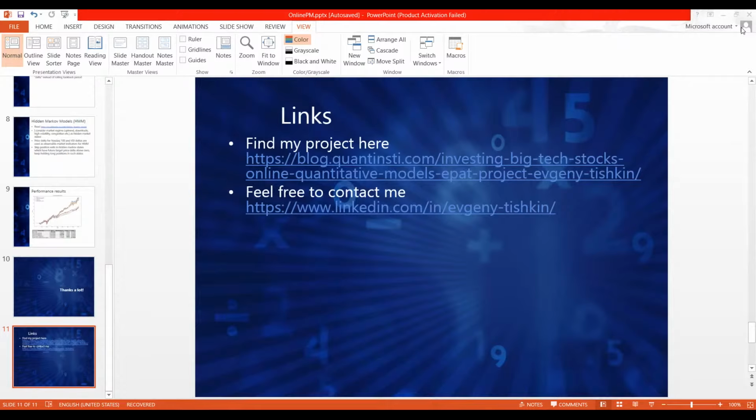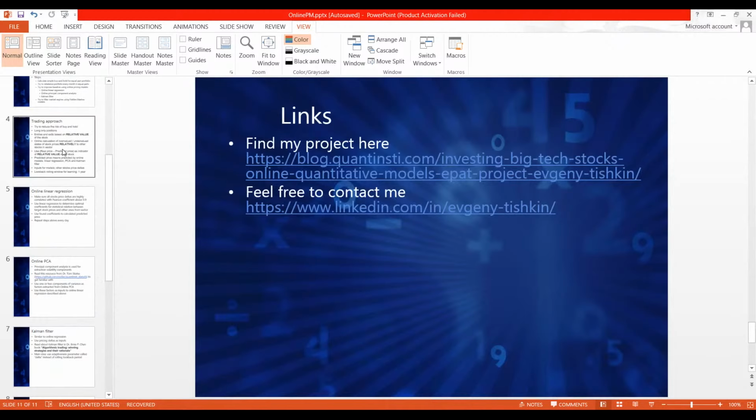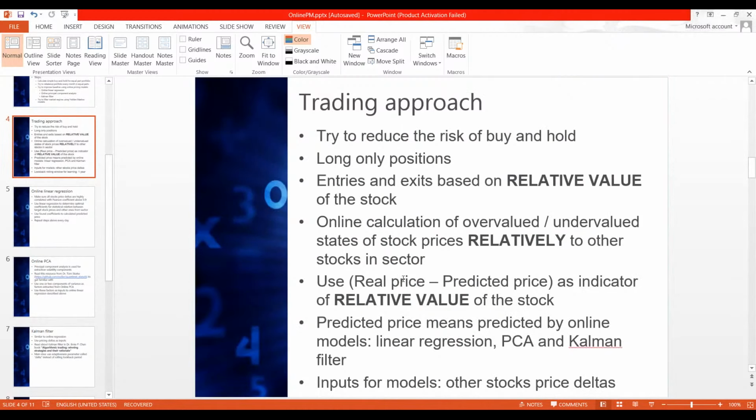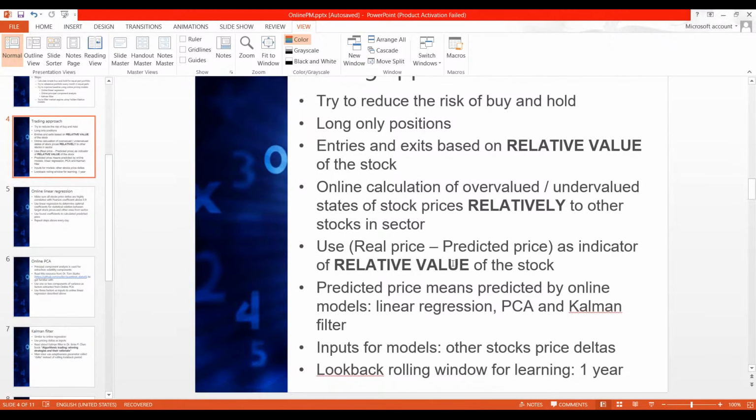All right, moving to the next question, by Bruno Prianti. He says, I appreciate your work. Could you explain more about the use of linear regression for optimal correlation with the target variable? Okay, let's move to the trading approach slide. What were the inputs for the linear regression model and other models?